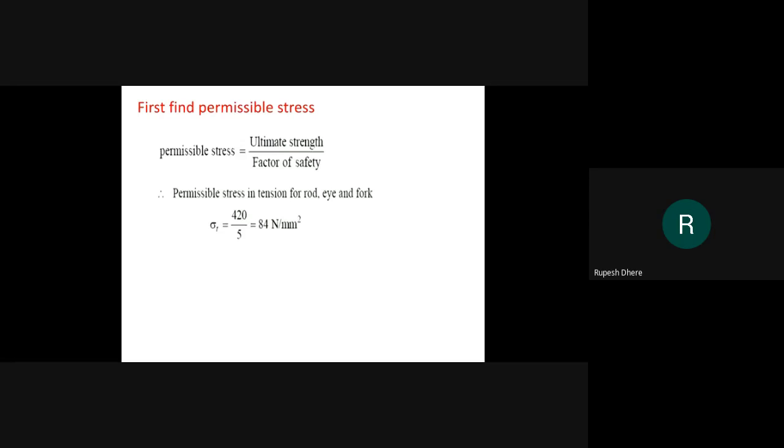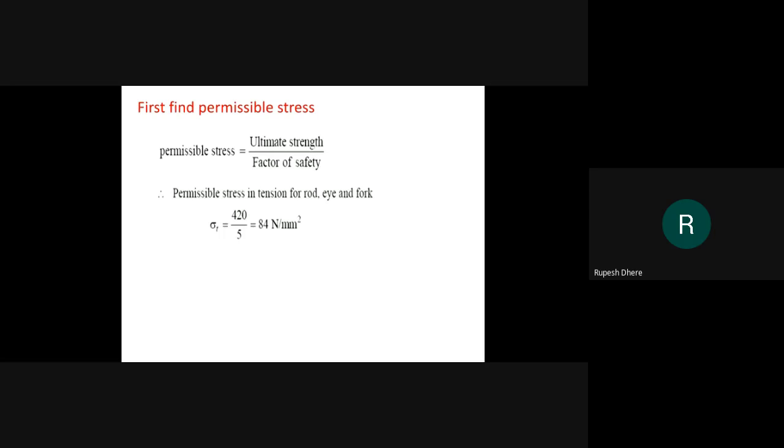So while we calculate sigma T, that is the permissible tensile strength or design tensile strength, it can be calculated as 420 divided by factor of safety, because 420 is the ultimate tensile strength and the factor of safety is 5.